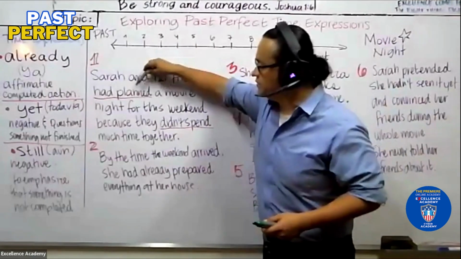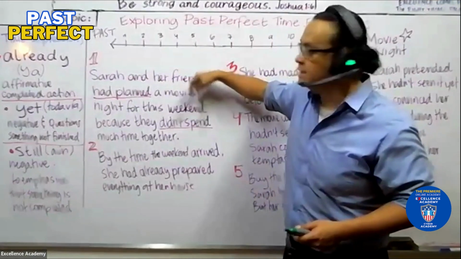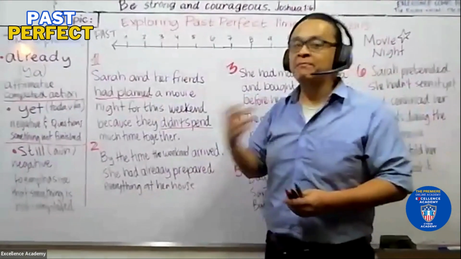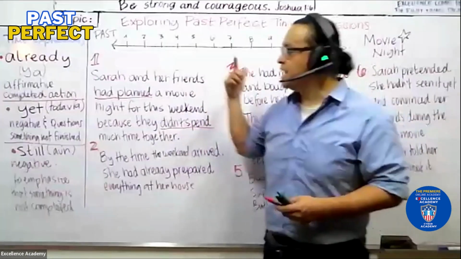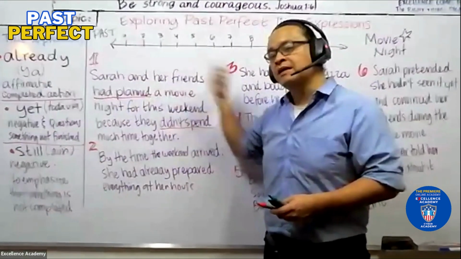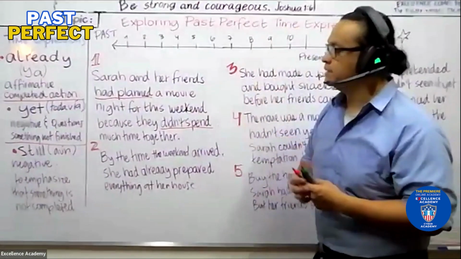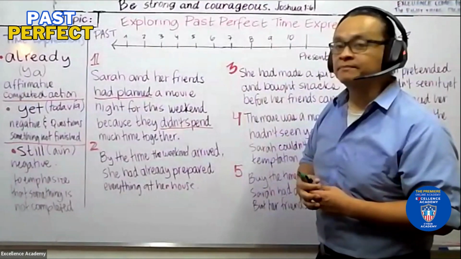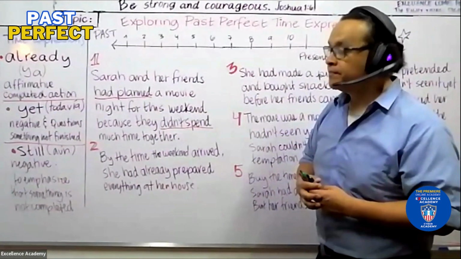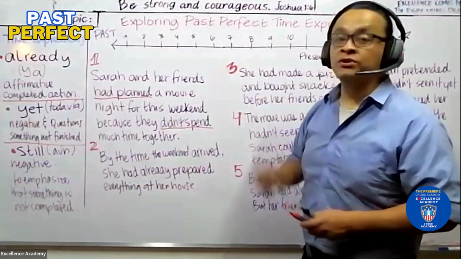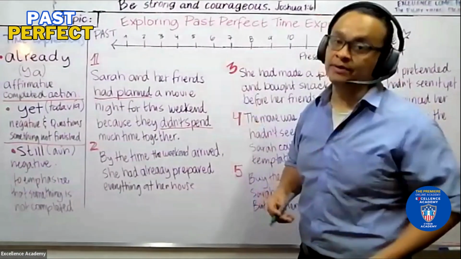Now, do you guys remember from our past sessions which action comes first or which happened earlier? Because something happened earlier and something happened later. What happened earlier? Had planned or didn't spend much time? If you chose had planned, you're correct.